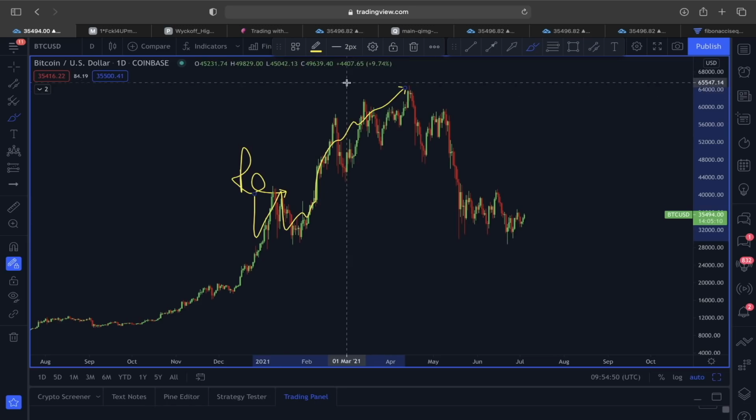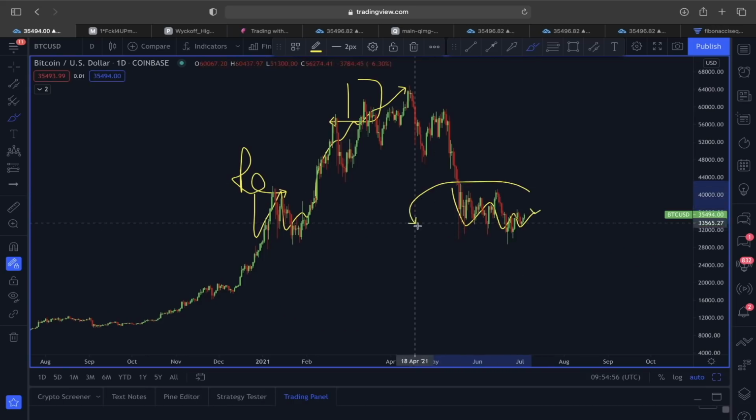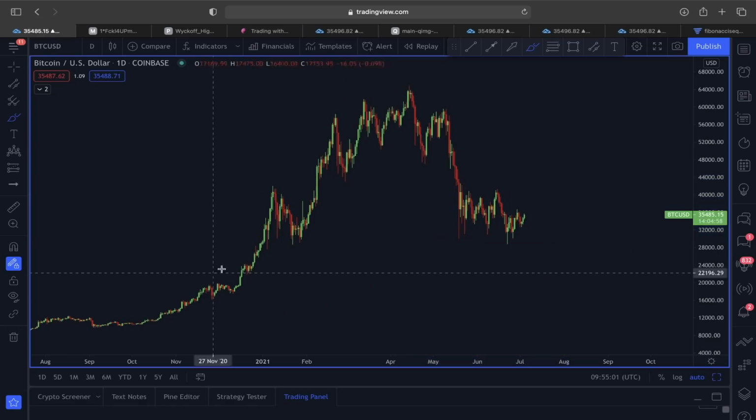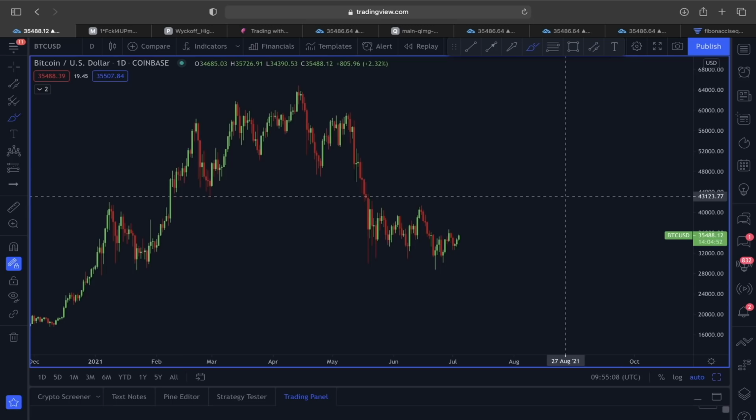This here is a distribution phase just like here. And this price movement here, this could be a redistribution phase, but this is still way too early to call this a redistribution phase. And also if we would say this is an accumulation phase, it is way too early.